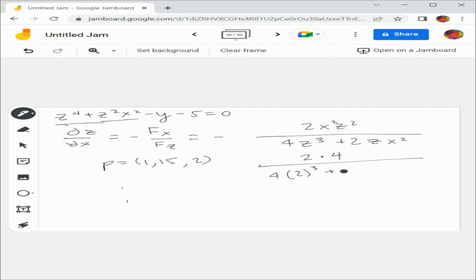And you can use scientific notation. So that's 8 over 4, 32 plus 4, which is equal to 8 divided by 36. That's not bad.